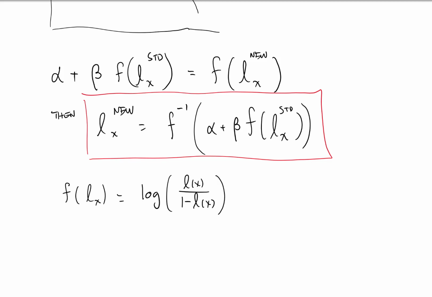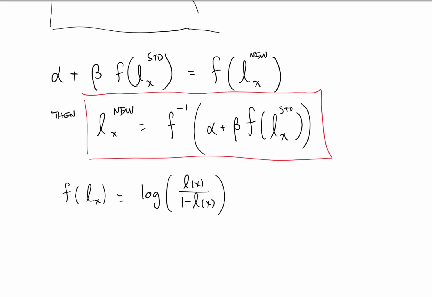Now, lx is our probability of surviving up to age x, and 1 minus lx is the probability of dying before age x. So the ratio lx to 1 minus lx is called the odds of surviving to age x.